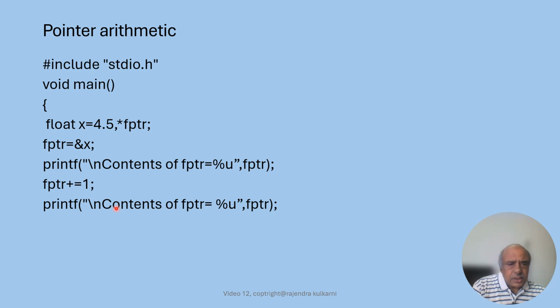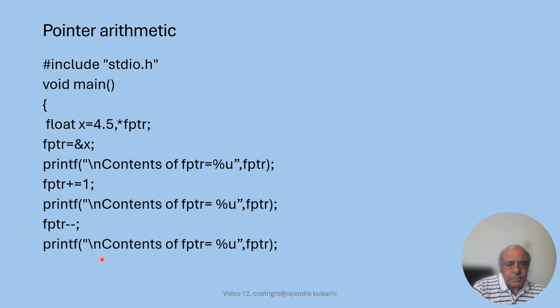And then again we are trying to find out what the content of fptr is after this addition of 1. Now in this statement we are again decrementing the contents of fptr and again finding out with this printf statement what the contents are after decrementing fptr.